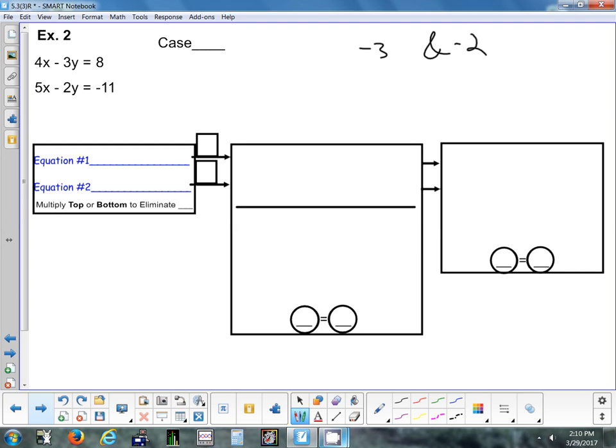So just multiply each equation by the other number. Are they already lined up? Yeah. Okay, so I can copy them down. 4x minus 3y equals 8. 5x minus 2y equals negative 11. All right, so can somebody tell me what I should multiply the top equation by? And remember, we're trying to eliminate y.